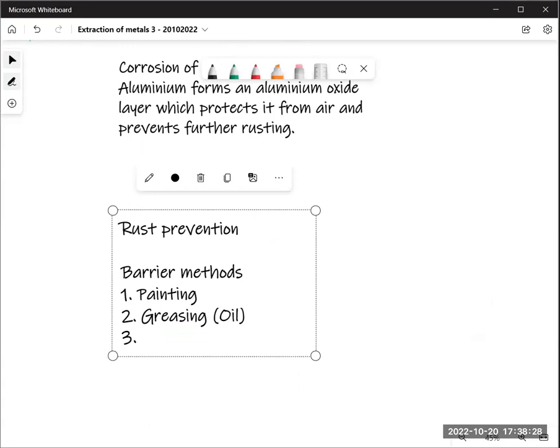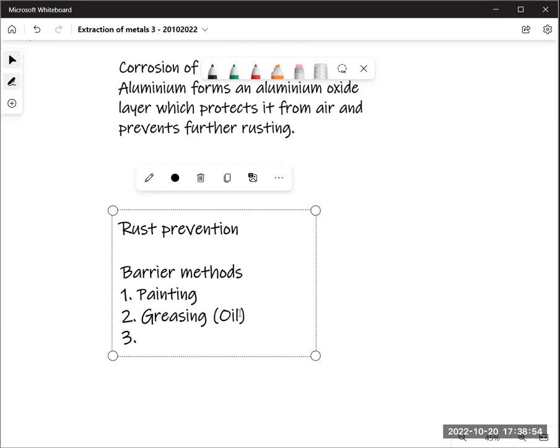Safa, have you ever put some grease or oil in some machine to prevent it from rusting or allow it to move properly? Not me, my mom. We use it at the doorknob when it doesn't work. Exactly, that's what I'm saying. So why does it not work? Because it rusts. Yes.